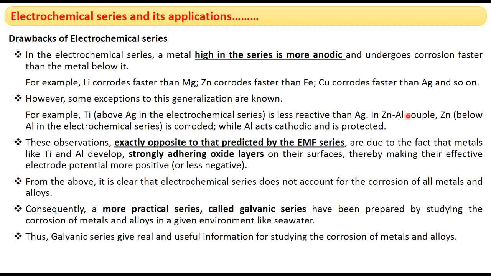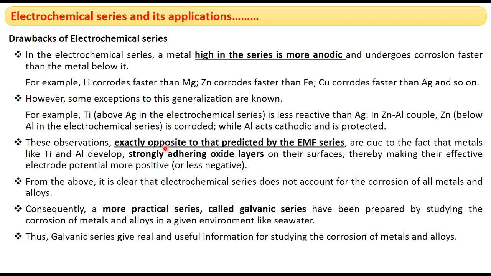The same is the case with the zinc and aluminum couple. Zinc is actually below aluminum in the electrochemical series, but zinc is corroded. Zinc acts as anode and aluminum acts as cathode. These observations are exactly opposite to the predictions of the electrochemical series.